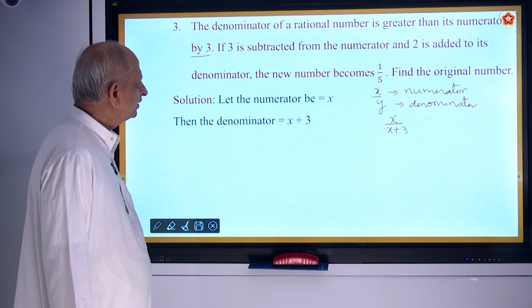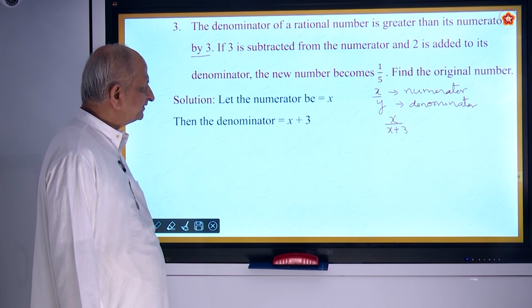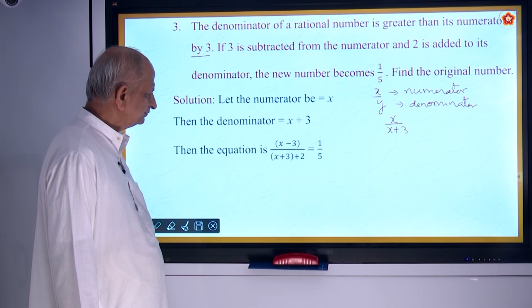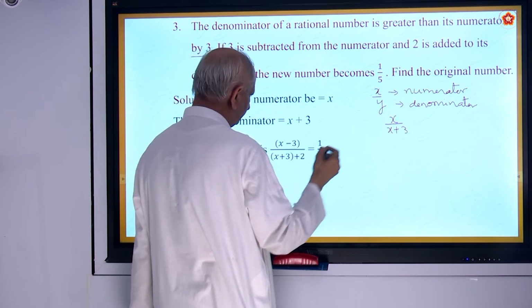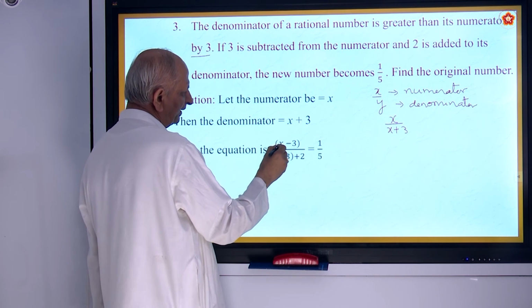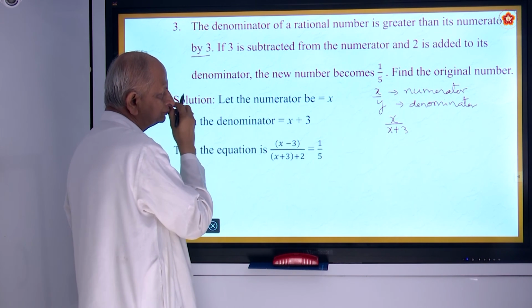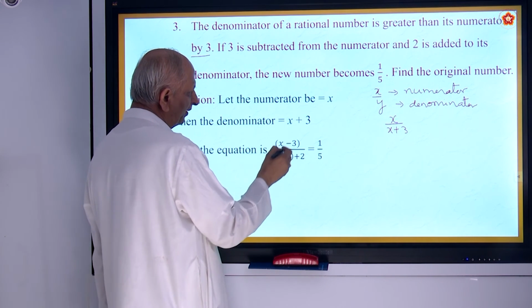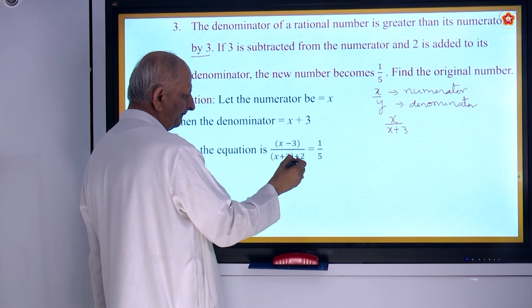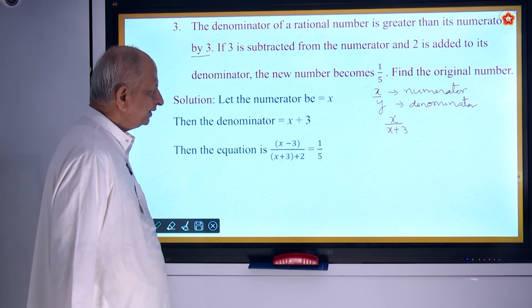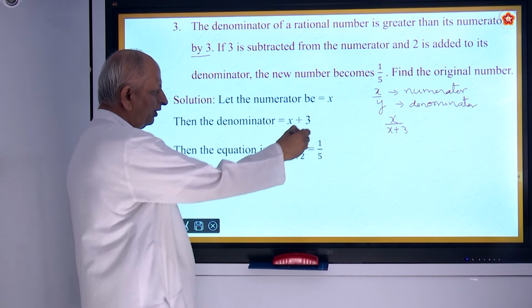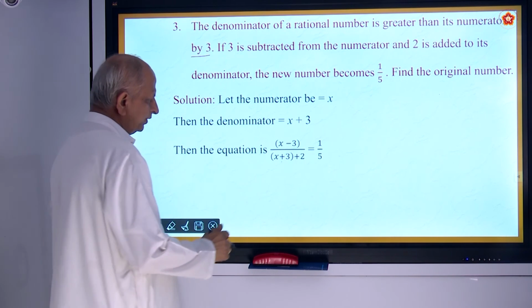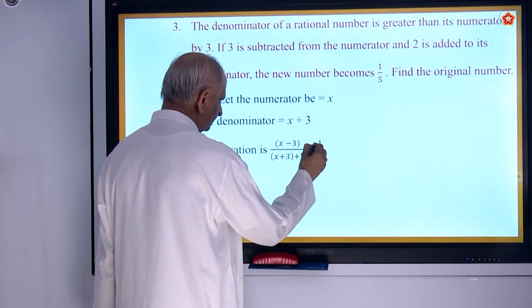Correct? Now if 3 is subtracted from the numerator, that is x minus 3, and 2 is added to denominator, denominator is x plus 3 plus 2, then the new number or new fraction becomes 1 by 5. So we can do cross multiplication in this case.